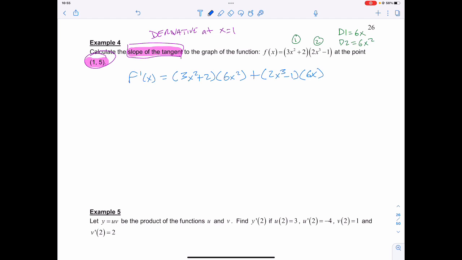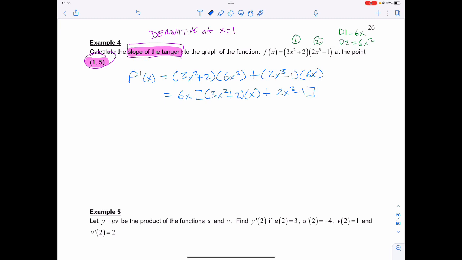Now, both of these have a common factor of 6x. So I'm going to pull out 6x, and I'm going to be left with 3x squared plus 2 just times x, and I'm combining that with just the 2x cubed minus 1.